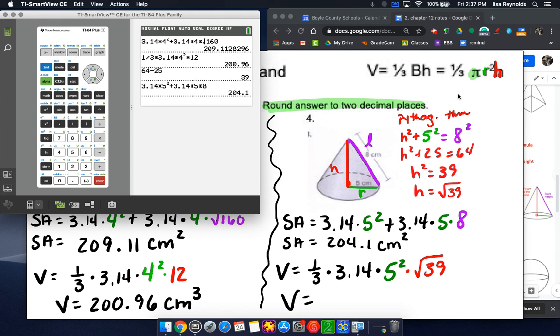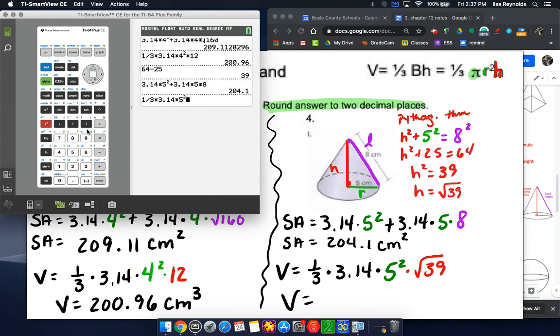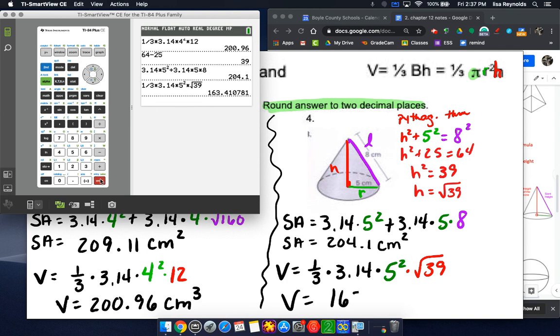And we calculate. 1/3 times pi times the radius squared times our height, which is the square root of 39. And this is 163, rounded to 2 decimal places is 4.1. The units are centimeters and volume is in cubic units.